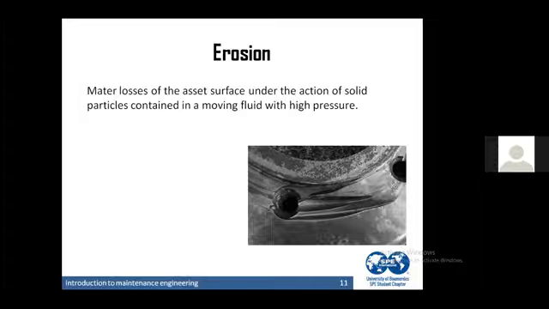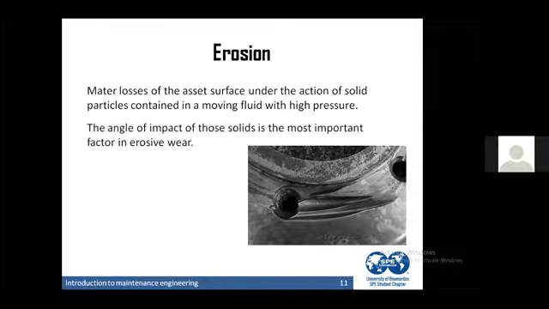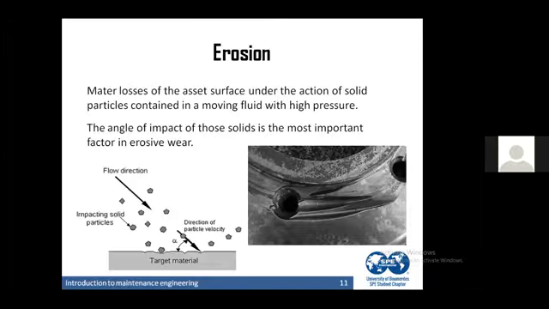It is very important to talk about the erosion or the erosive wear, which is the angle of impact. For example, if we have a surface made of ductile materials such as stainless steel or steels, which is the main material for oil and gas equipment, if this angle is lower than 19 degrees, it will be too dangerous.